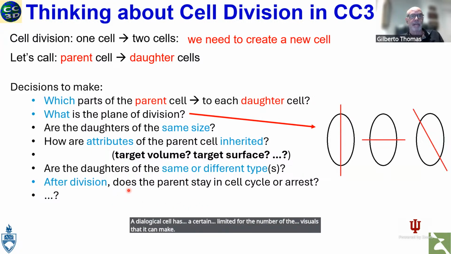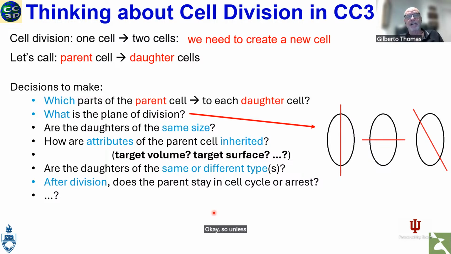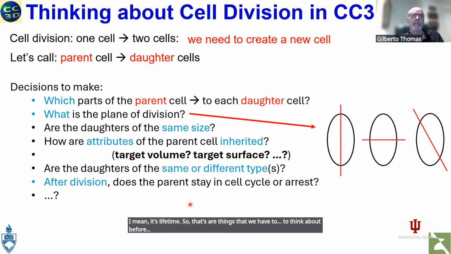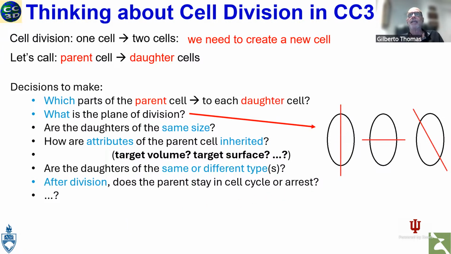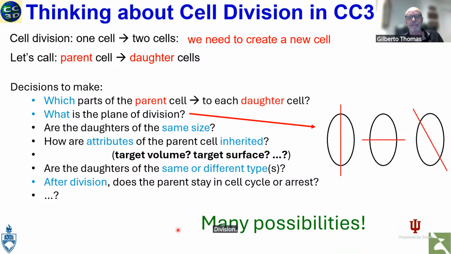Okay, so unless it is a cancer cell, which will divide forever, a regular cell has a fixed number of divisions during its lifetime. So those are things that we have to think about before we start division. Yeah?